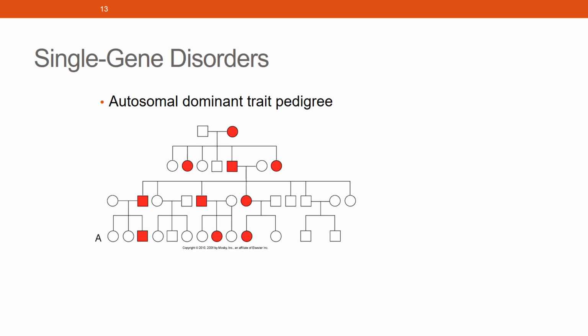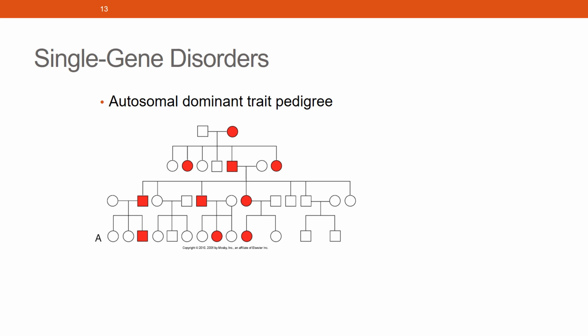This pedigree goes through 4 generations, and you can see that at some point some of the offspring will not have the disease at all, so the trait will be lost.